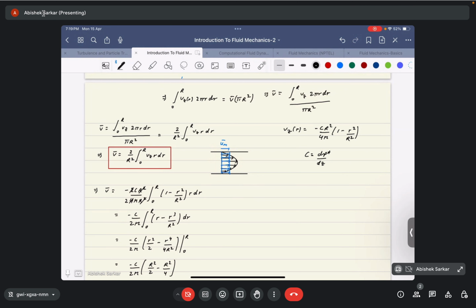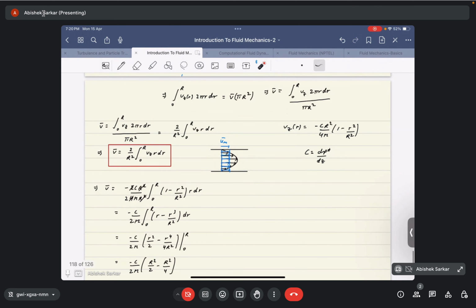This is exactly what I have written here. Once you cancel out pi from both terms and take out 2 and R square, we can write v bar, the average velocity, equal to 2 by R square times the integration from 0 to R of vz into r dr.